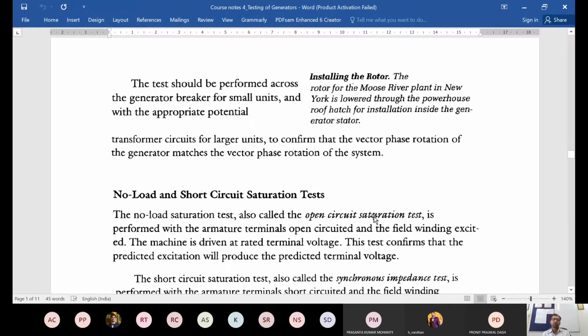And why is the word saturation coming here? You can relate it to what I told earlier: any magnetic element which is exposed to a magnetic field has two zones of operation. In one zone, the unsaturated zone, the induced EMF and the applied flux will vary linearly.